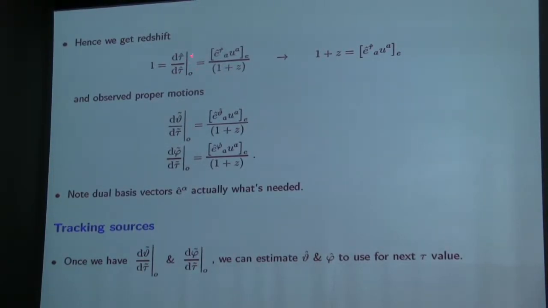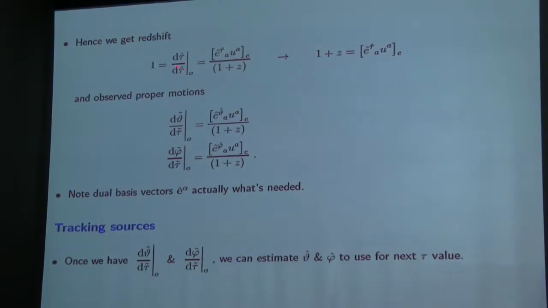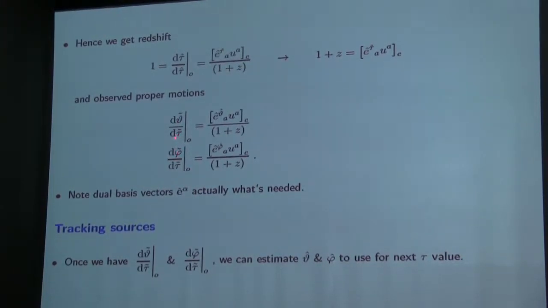We use this, must be equal to unity at the observer. So from this, we can actually get the redshift in terms of that quantity, in terms of the propagated basis and the local flow four-velocity. And then, once we've got that, we can get the rate of change of the observer's theta and phi with respect to the observer's time in terms of this quantity, the theta and phi inverse basis vectors at the emitter and the redshift that we've got up here.